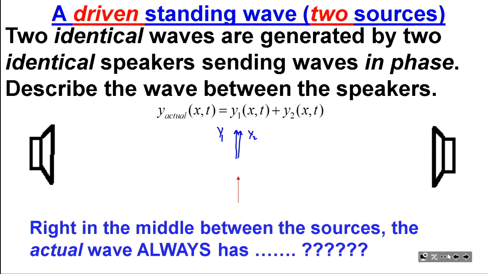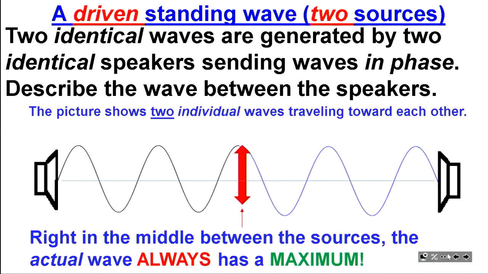So it means the actual wave will have the doubled displacement or intensity, and that will be happening always, no matter what frequency of the sound is used or how far the speakers are from each other. Right in the middle, we will always observe a maximum of intensity of that wave, whatever wave it is. Sound wave, maximum of intensity of the sound. The loudest sound will be in the middle.